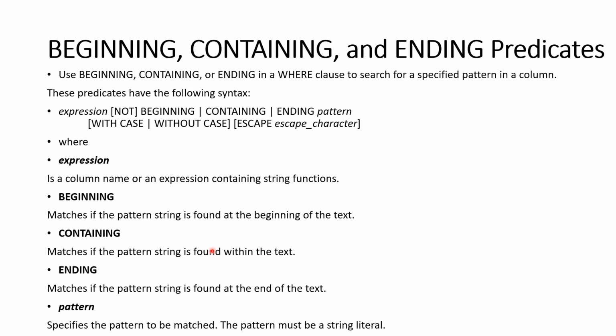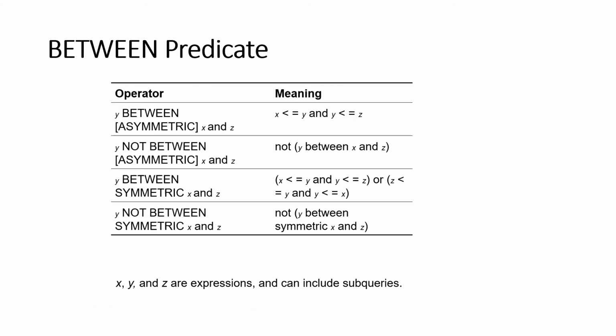Then after beginning we have containing. It matches if some combination of text is present in the middle of the text. Then in ending, if a combination of text is present at the last of the string, it matches and gives the result of all the rows that matched with this column name ending in this. Now pattern specifies the pattern to be matched. The pattern must be a string literal.